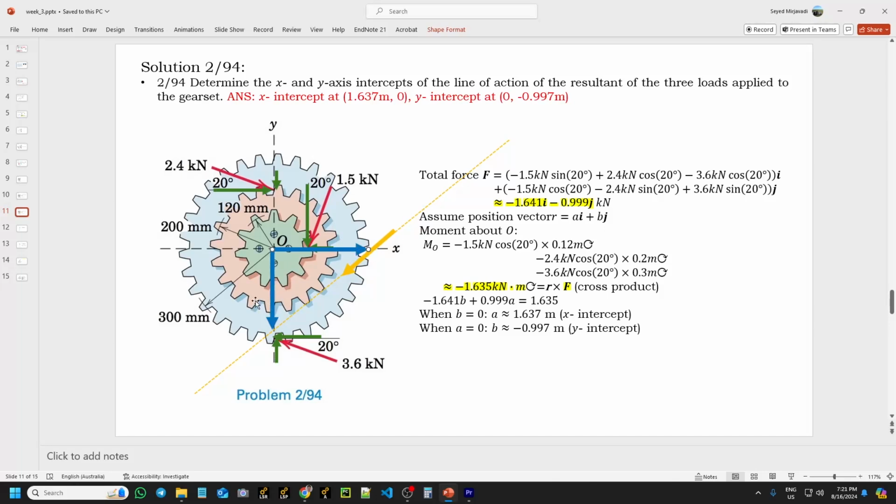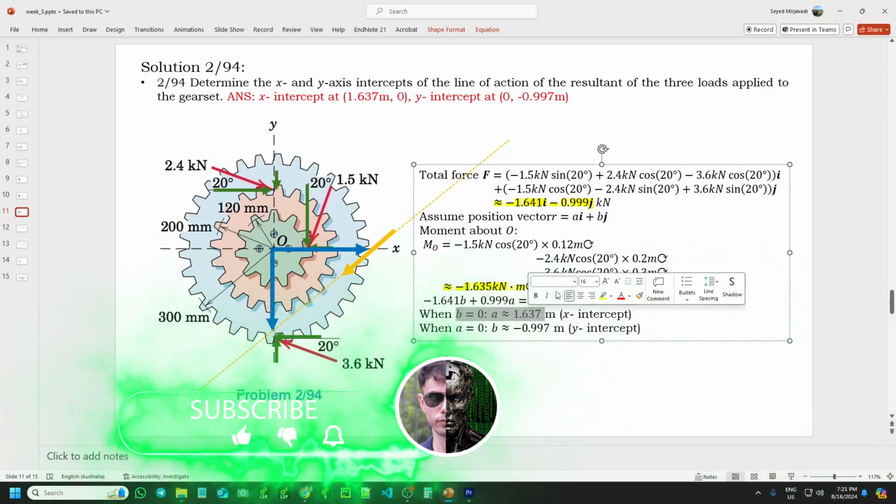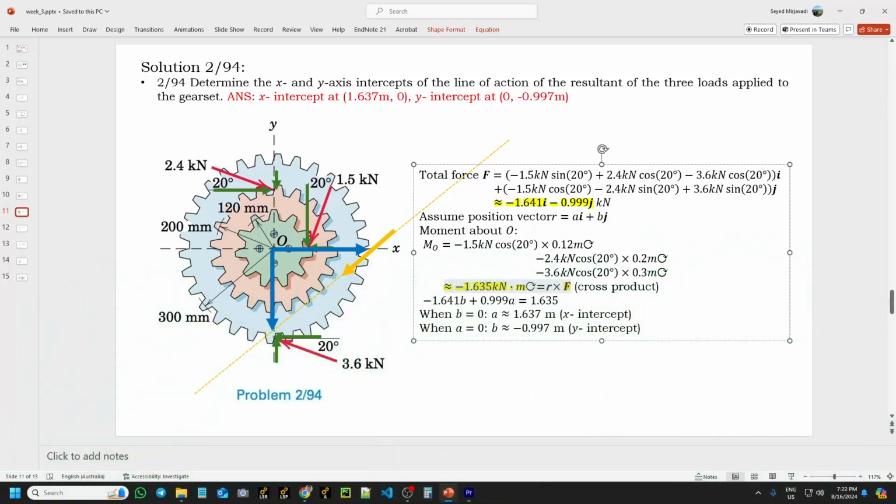Then if it is here, you can find the B, okay? But in general, we have to assume that it is in positive directions, and then the answer will be negative. We can find it out, but anyway, this is the general idea. So you will always put AI plus BJ, and for this one, B is 0, for this one A is 0. Okay, and then you find the A and B with this equation, which is equal to this one.